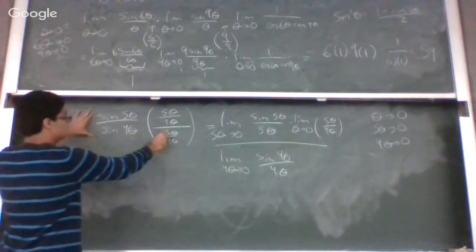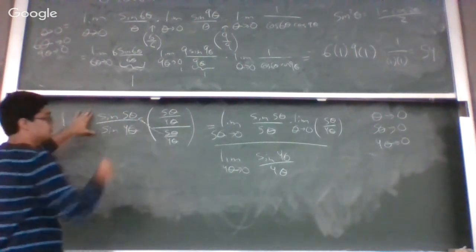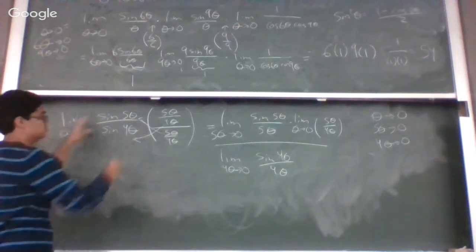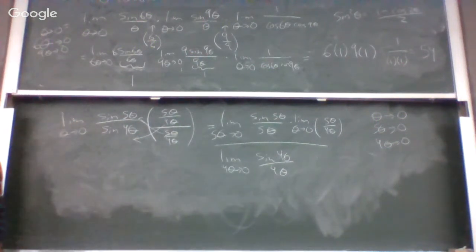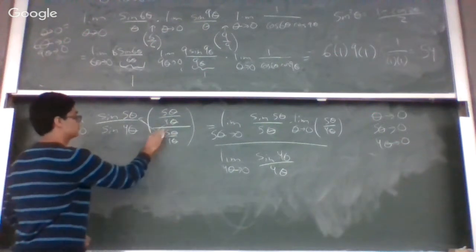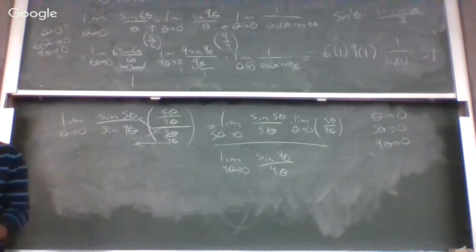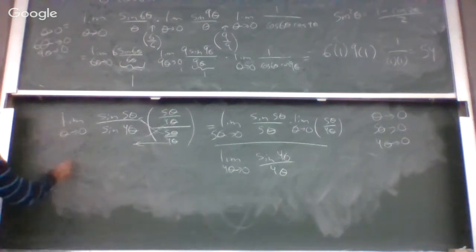This 5 theta is divided with that. This becomes the denominator. We have fractions inside the fractions. You have a fraction as the numerator and a fraction as the denominator, you take the tops. So this is what you're saying.